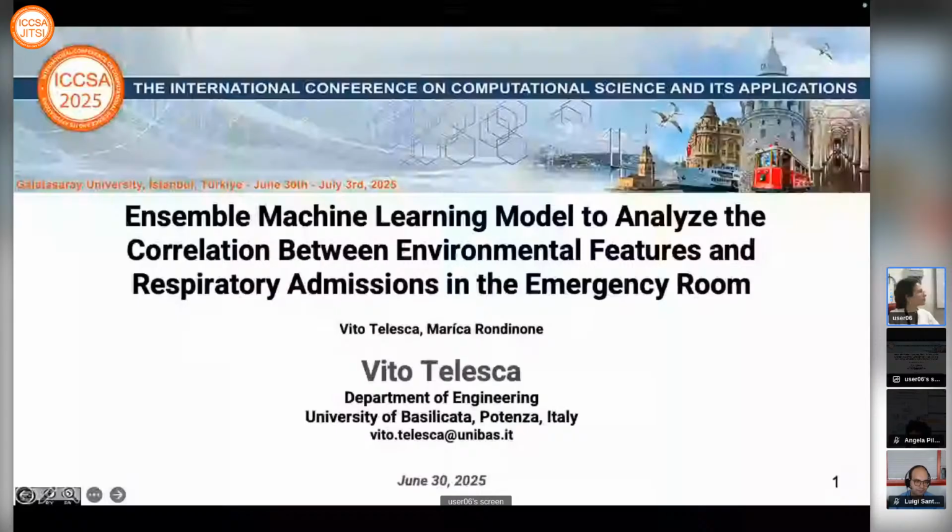Our work is entitled Ensemble Machine Learning Model to analyze the relation between environmental features and the respiratory admissions in the emergency room. It is an important problem in the world, and causes mortality.